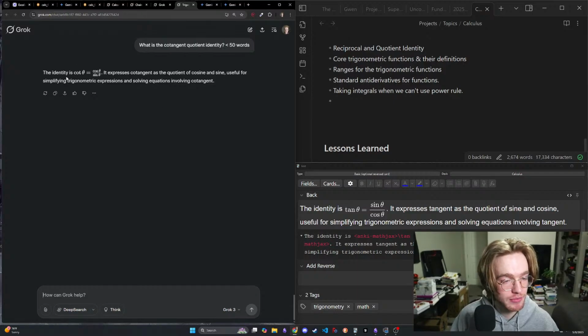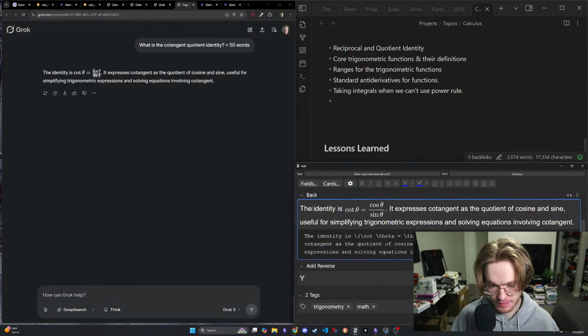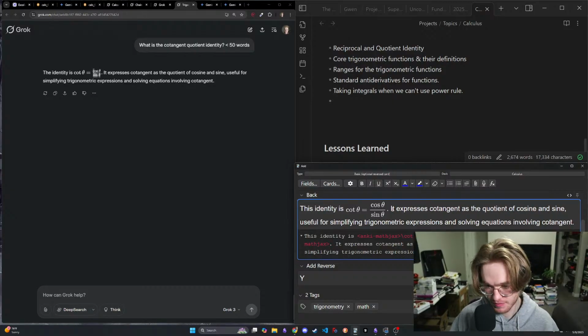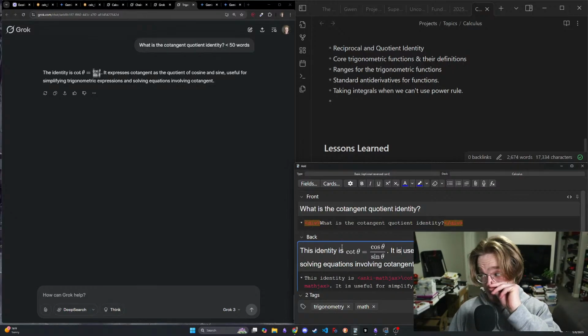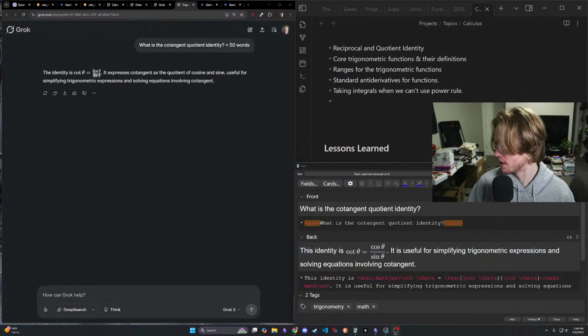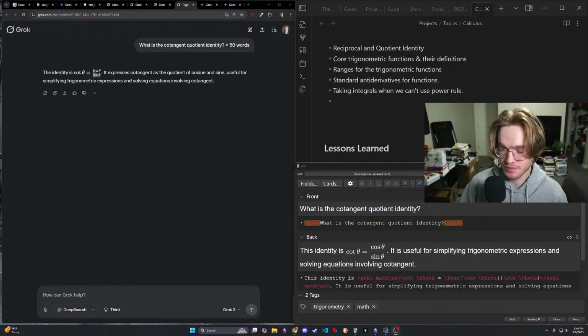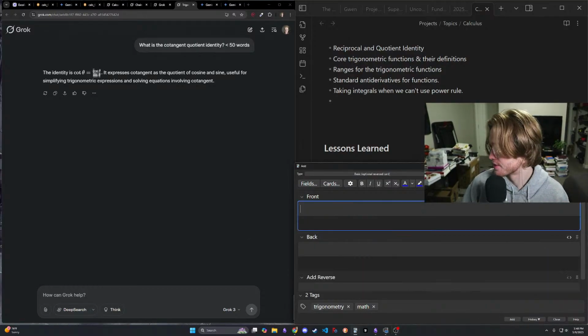Okay, so the way I'll remember this for the cotangent quotient identity: cotangent starts with C and cosine starts with C, and they're both on the top. And the reason I'm having the language be in a particular style is because I want it to be reversible. So, yeah, that's the reasoning there.